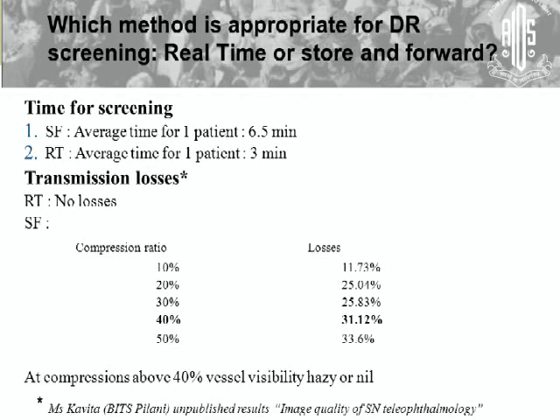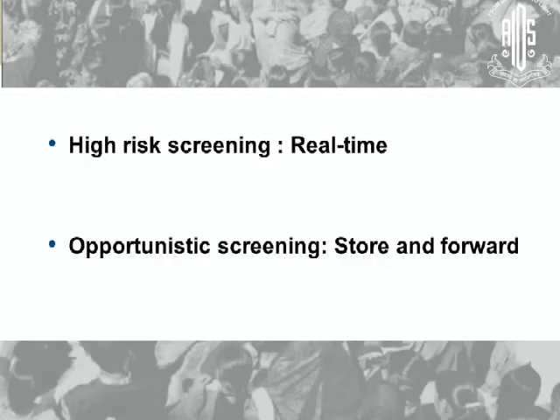Now with newer Wi-Fi and other net connectivity, because this was by satellite connectivity, we did see that if we compress the images and then send, compression of 40% was adequate. So presently, for high-risk screening where we do a diabetic retinopathy screening camp, we use real time. And for opportunistic screening, when it's part of a comprehensive eye examination, we use store and forward.